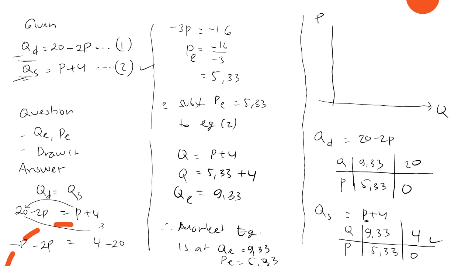Alright, now let's make the scale of the Cartesian. Remember, use a ruler. Okay, so I will put here 2, 4, 6, 8, sorry, 9, 10.